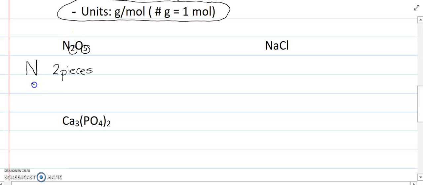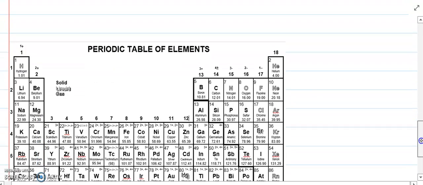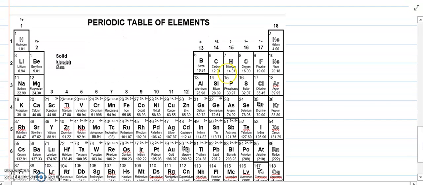And when I see that it's O5, it means that I have 5 pieces of oxygen in the compound. If I go to my periodic table and I find nitrogen and oxygen, nitrogen has a molar mass of 14.01 and oxygen has a mass of 16.00.